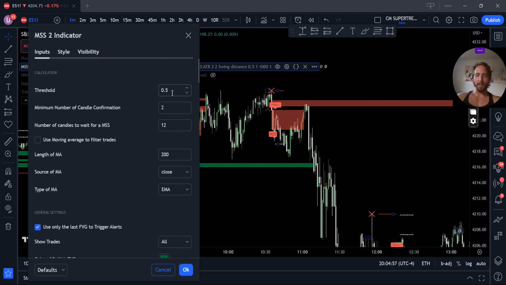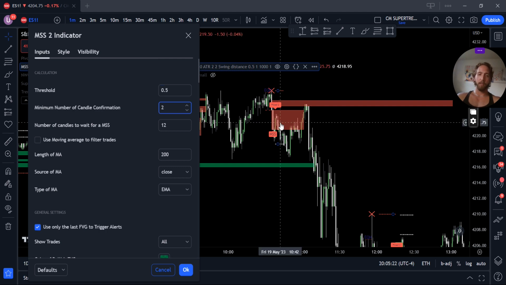Essentially, that's all it is, and you can move this up and down to whatever number you want. I personally have found that in the ES, and also in the Nasdaq and in the Forex market actually, 0.5 seems to be the best one. You can play around with it all you want, but that's what I've found.